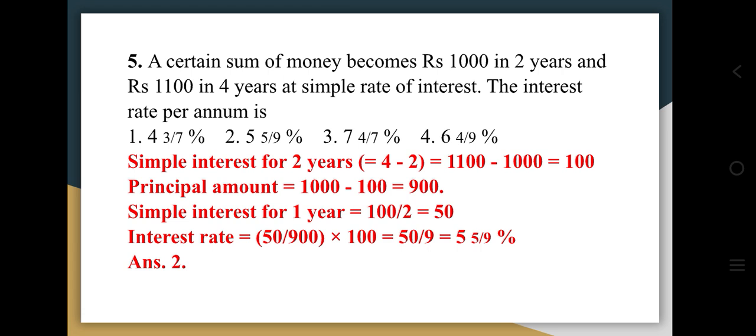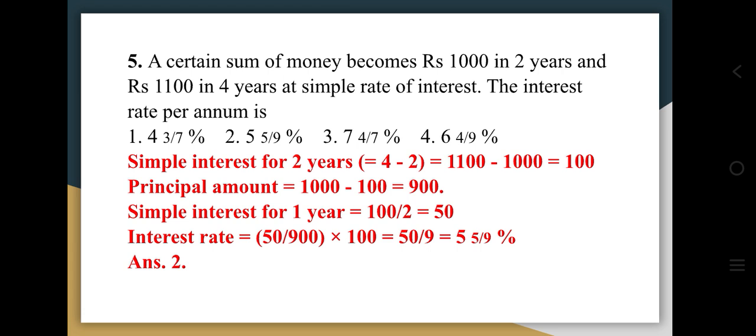We want the interest rate. What is interest rate? Interest rate is interest for 1 year for the amount 100. So for 900 principal amount, interest for 1 year is 50. So 900 corresponds to 50.